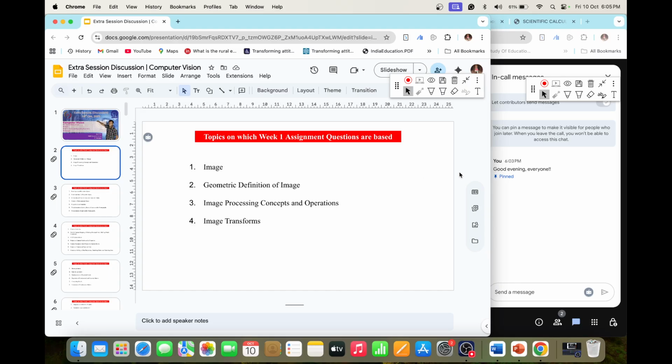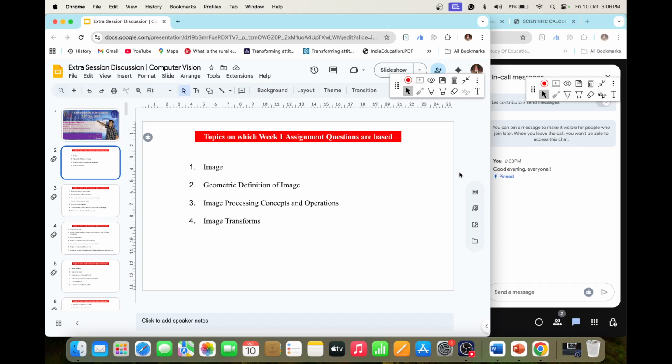Starting with the topics on which the week 1 assignment questions are based, that is regarding image. That is a very important concept, because this subject is related to computer vision. The most important thing here is what is an image. And then the geometric definitions of image are again very important.